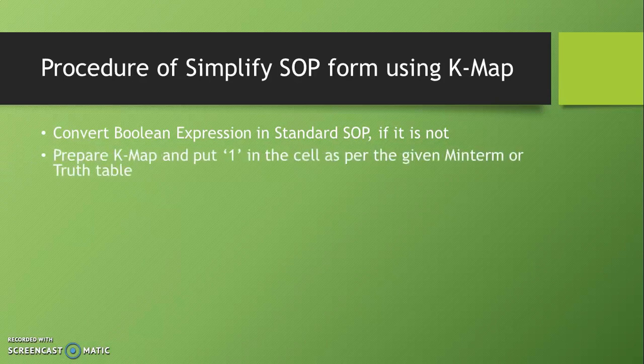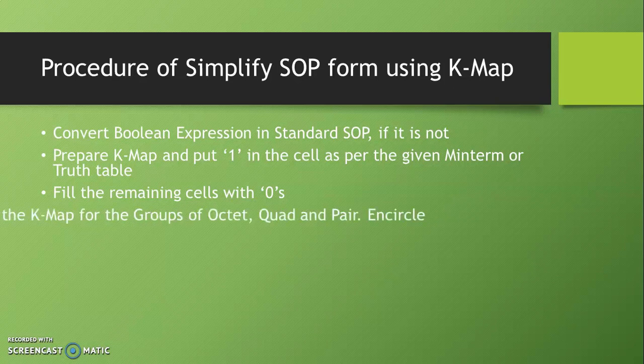Then prepare the K-map and put 1 in the cells as per the given minterms or the truth table. So as per the number of variables, we prepare the K-map, and then as per the given minterms or truth table, we write 1 in each cell. Fill the remaining cells with 0. In all other cells, we write zeros.